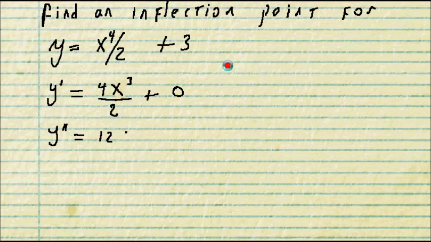I'm taking the derivative of this again, and it's going to be now 12x squared over 2. And so this says that y double prime, sorry, is equal to 6x squared.